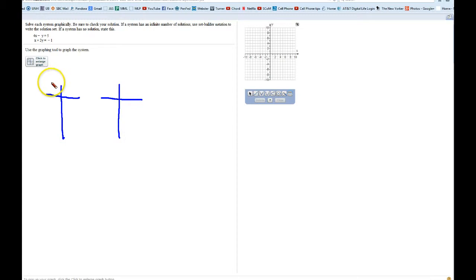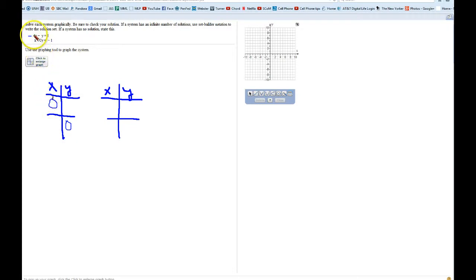Now I'm going to use these T-charts because both of those equations are in standard form. So here we're going to put a 0 there and a 0 there. That'll be for this first equation right there.